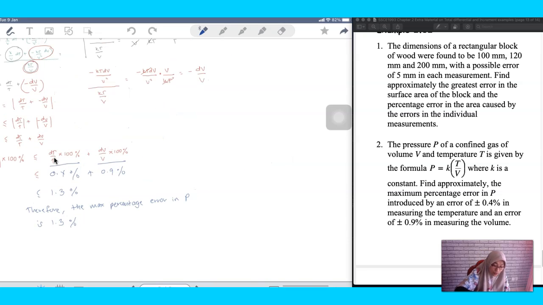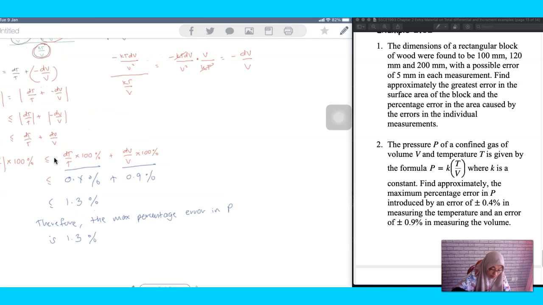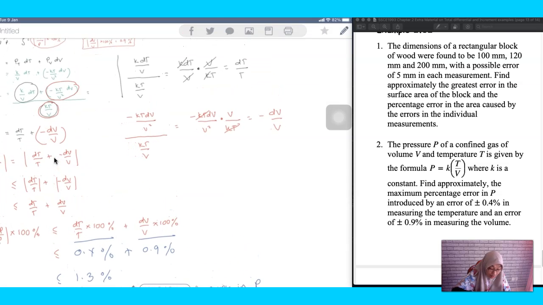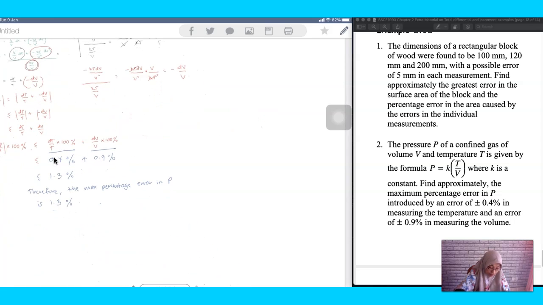Okay, so I know that you are still confused, but since this is a very important example, because I said that this is a favorite question in the exam, please redo this, and do it one by one until you fully understand.